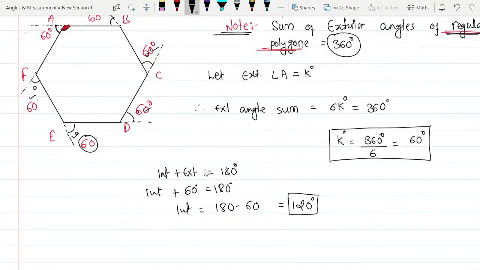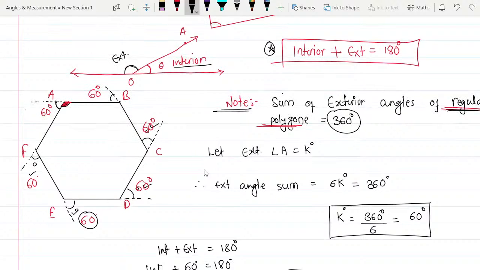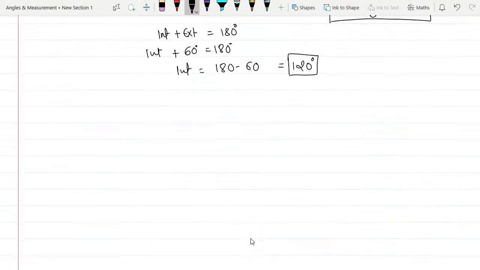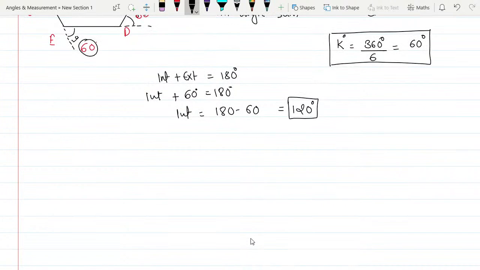So all the interior angles become 120 degrees. Good, Nikita. So the final answer for this question is that the exterior angle is equal to 60 degrees and the interior angle is equal to 120 degrees.